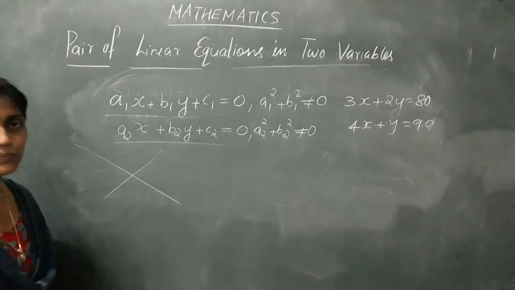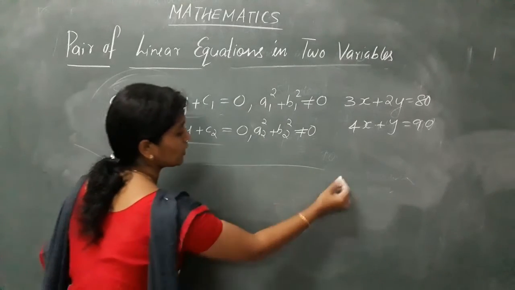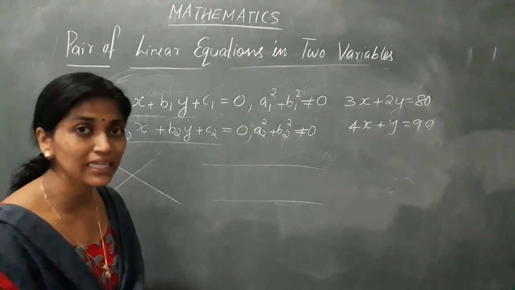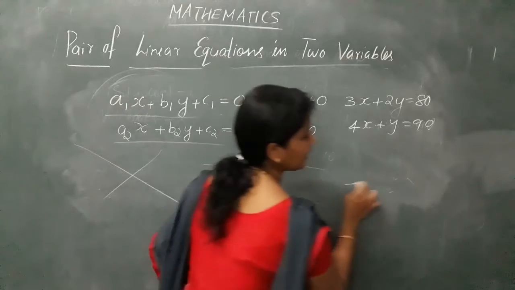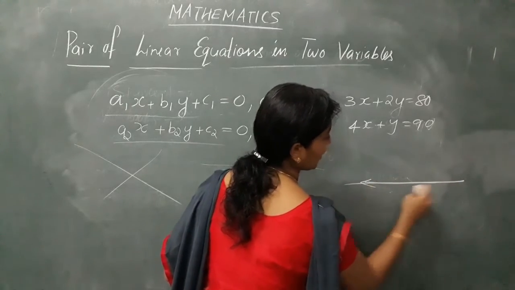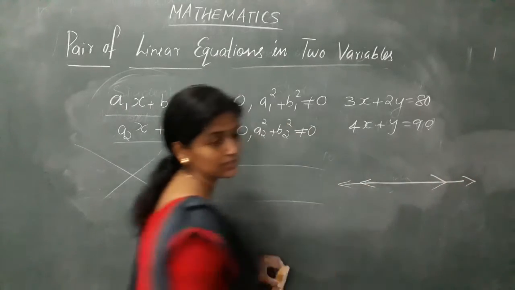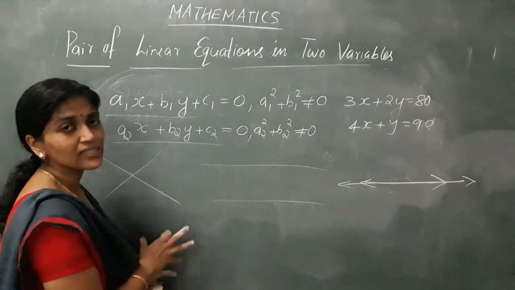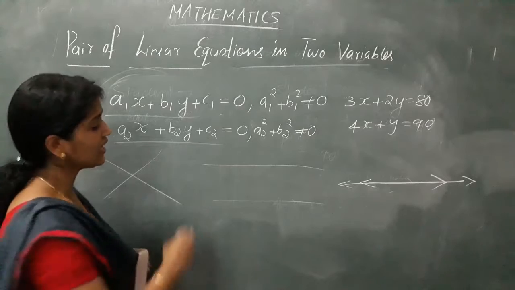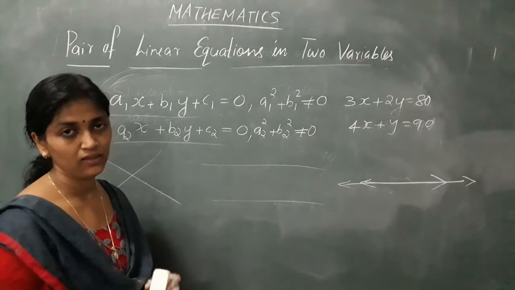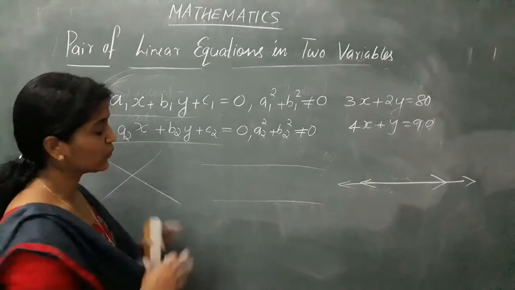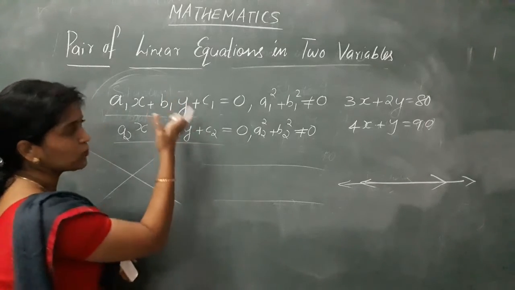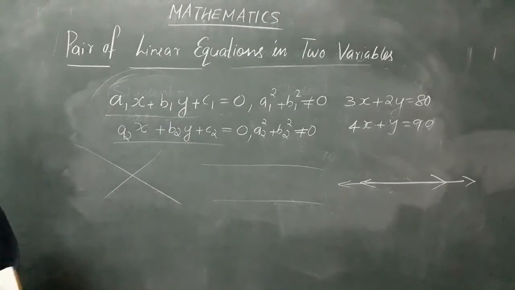The second possibility is that the lines do not intersect, that is, they are parallel. And the third possibility is that one line lies on the other line, that is, they are coincident. Clear? So when two lines are drawn in a plane, these are the three possibilities. So what can we say about a pair of linear equations in two variables?